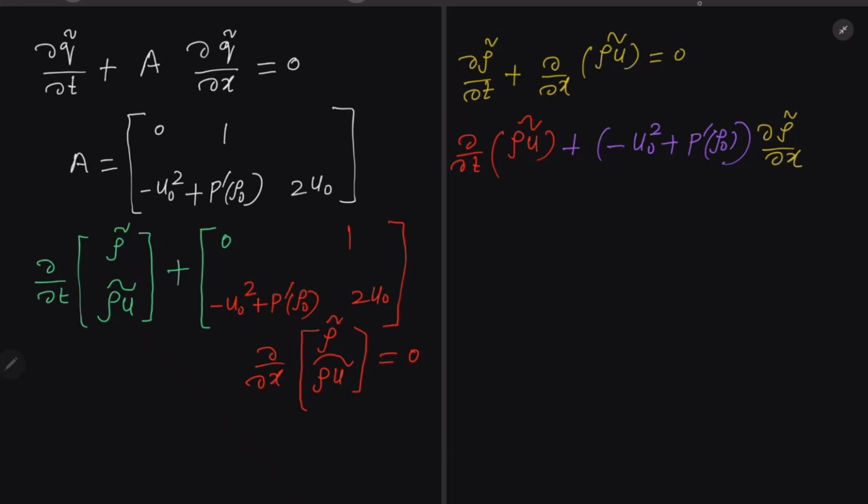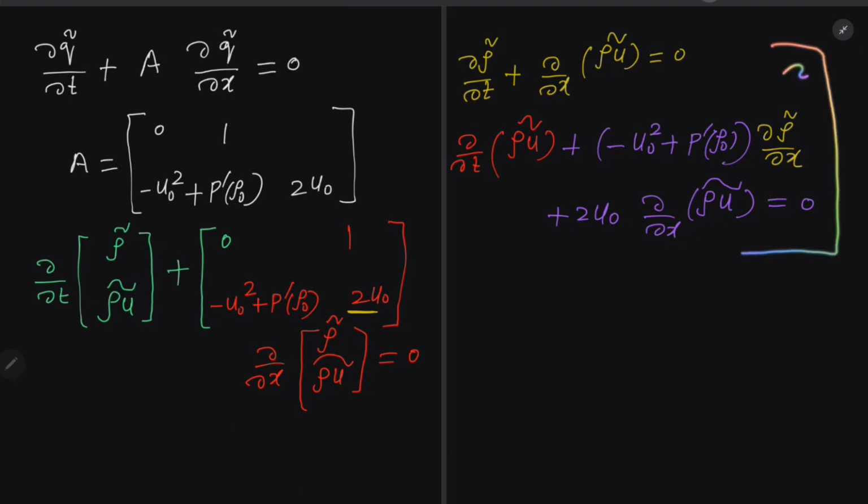And when the second quantity multiplies with the second one, we get plus 2u naught partial by partial x of rho u tilde is equal to 0. So this is the final form of the perturbed equation in component form.